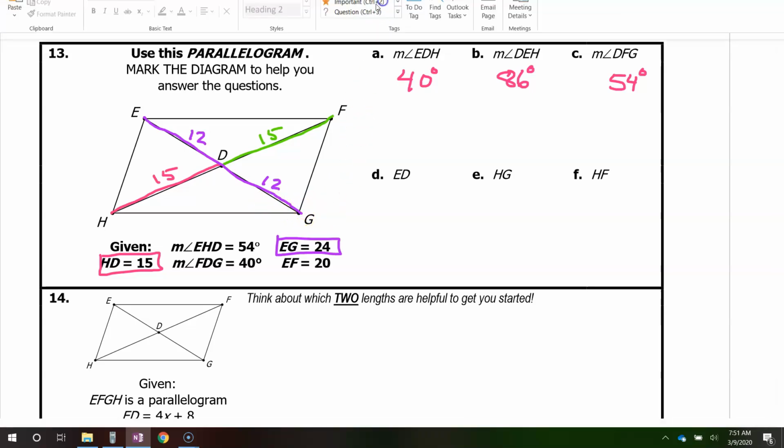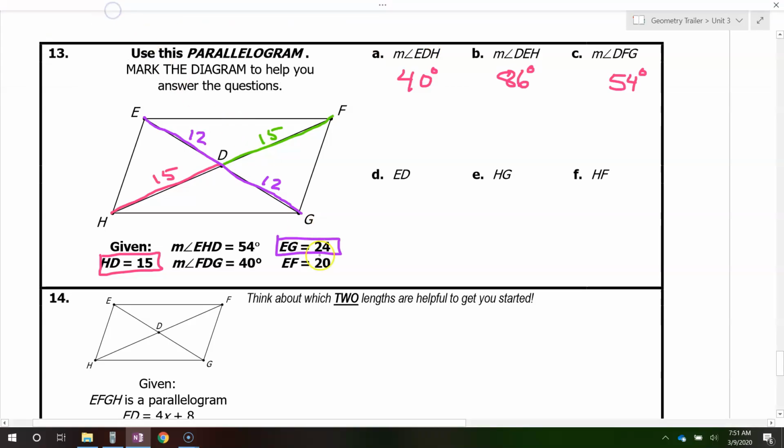What else did they tell us? We know that EF is 20. EF is right here, and that is 20. Opposite sides of a parallelogram are congruent, so if that's 20, then this will be 20. Let's see what we can do.